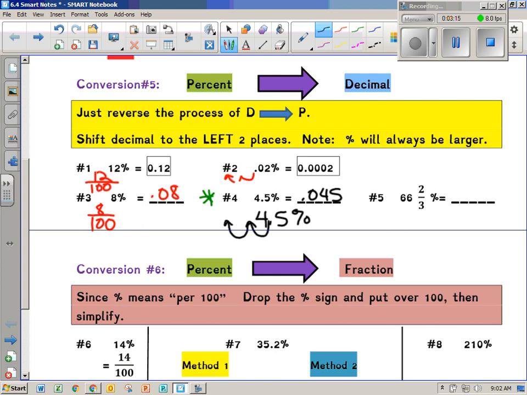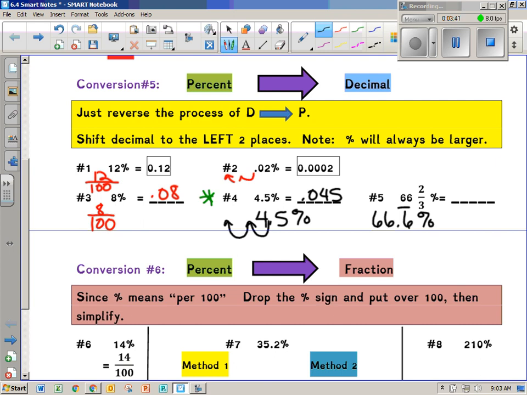Okay, and when you see number 5, there's really nothing to do over here. I put a fractional percent in there because that's one of the ones we're supposed to memorize. So if this were written out as a decimal, it would be 0.666666666 and so on, even though that's a terrible way to write a percentage with a repeating bar.